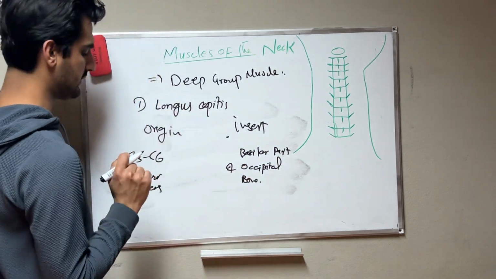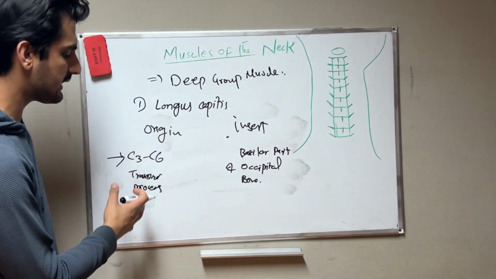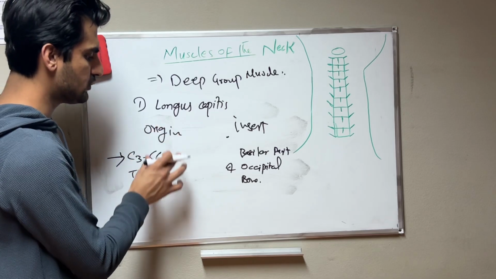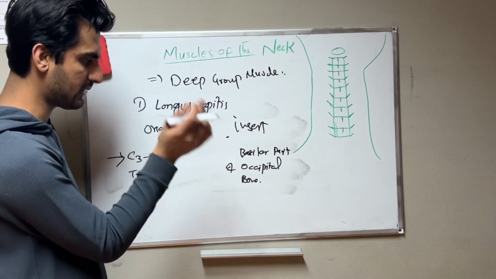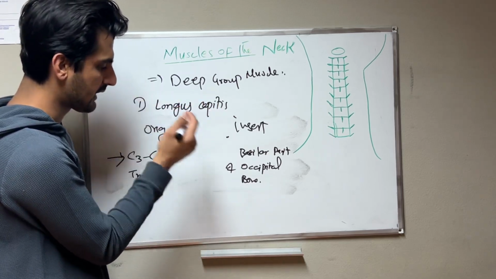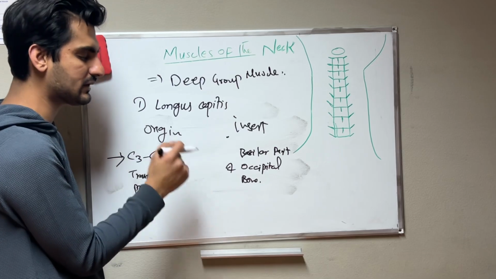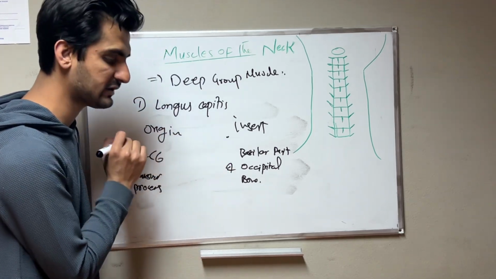If you remember, we have repeated this many times: the cervical vertebra, and you know what the transverse process of the cervical vertebra is and where it is. It is always located laterally in the vertebra. And the basilar part, when we discussed the occipital bone, you know where the basilar part of the occipital bone is located.